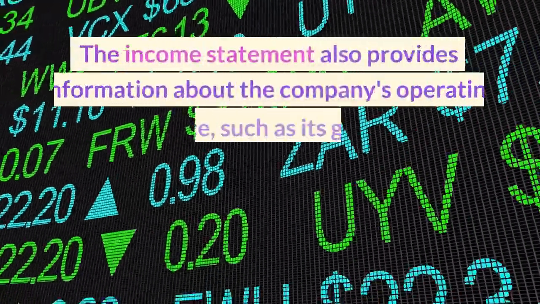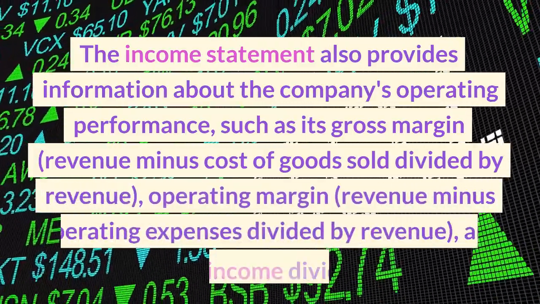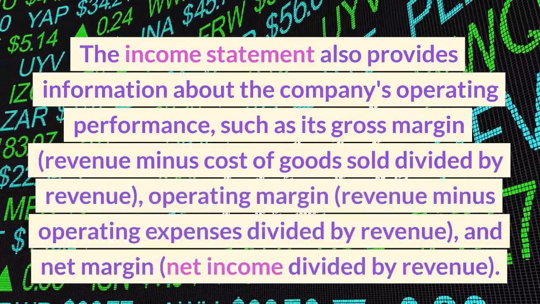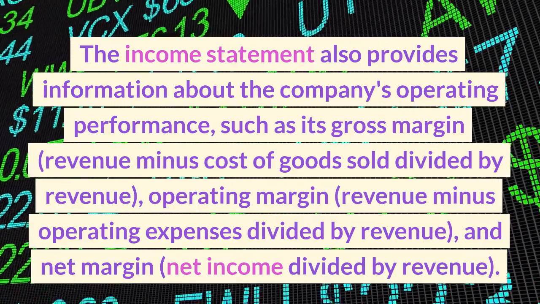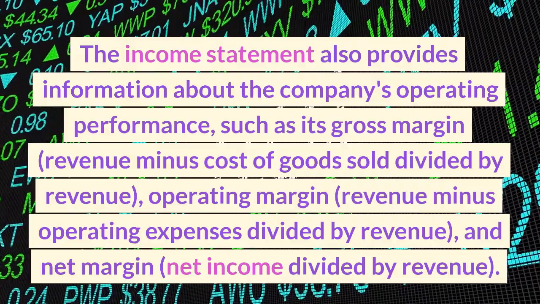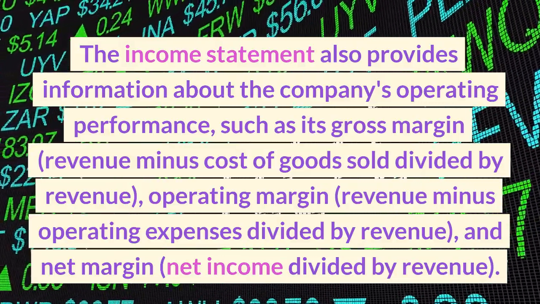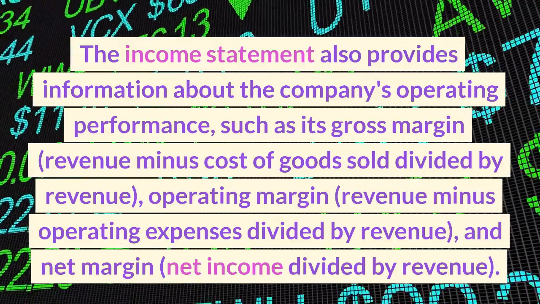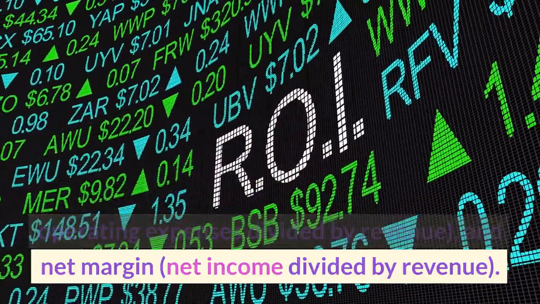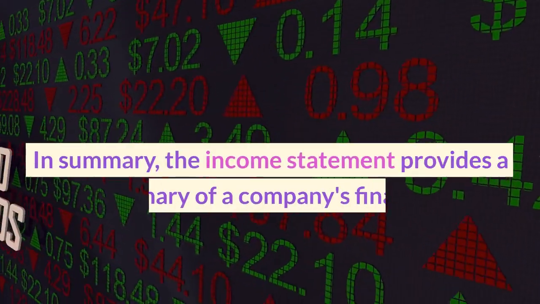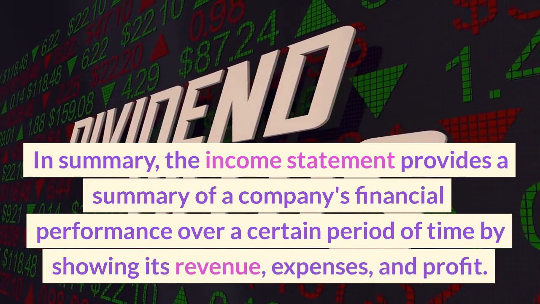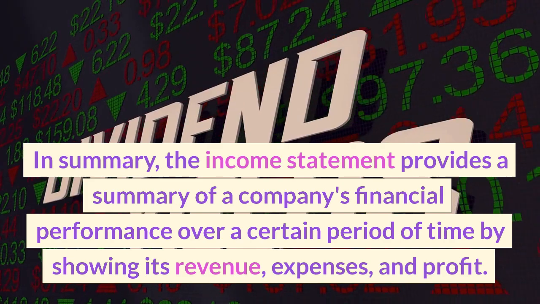The income statement also provides information about the company's operating performance, such as its gross margin, revenue minus cost of goods sold divided by revenue, operating margin, revenue minus operating expenses divided by revenue, and net margin, net income divided by revenue.